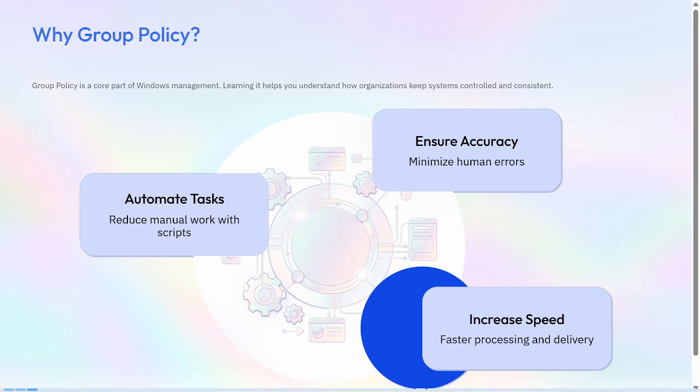Third, it improves security. Administrators can disable risky settings, enforce password standards, control application usage, or disable USB drives or whatever it is. So these are the uses of group policy.